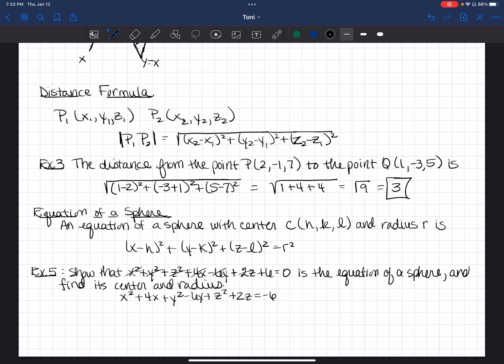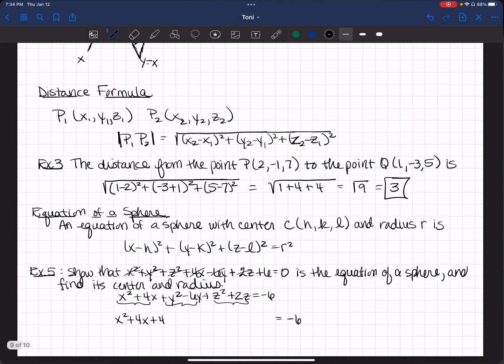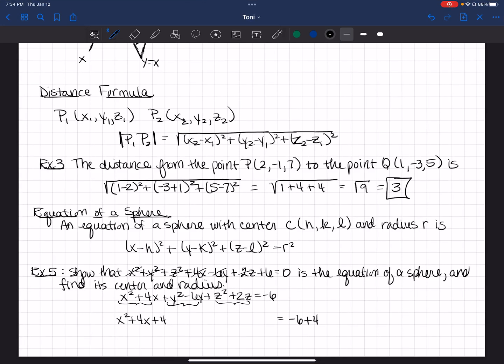Now we're going to complete the square on the x's, the y's, and the z's. That's going to become x squared plus 4x. Remember, take half the 4, which is 2. Square the 2 is 4, so plus 4. You just have to remember that over here with the negative 6, if you add 4 on the left-hand side, you have to add 4 on the right-hand side.